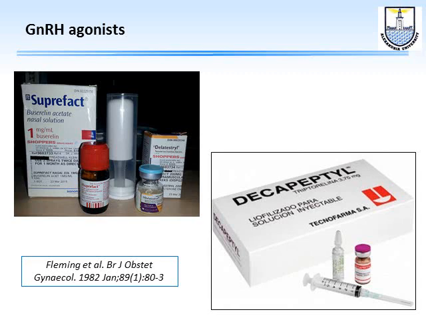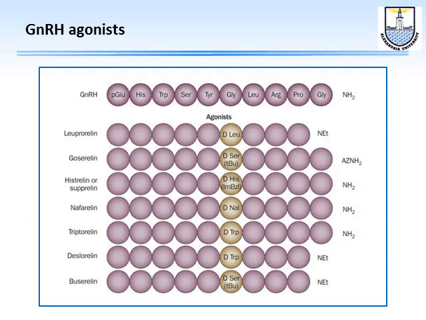Now, after that, other drug companies came with other preparations, given, for example, by intramuscular or subcutaneous injections, like decapeptyl. As we remember, GnRH is a decapeptide, 10 amino acids.